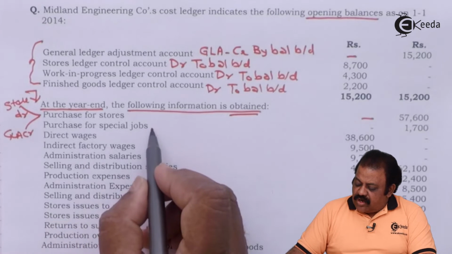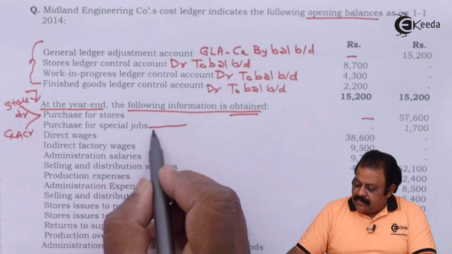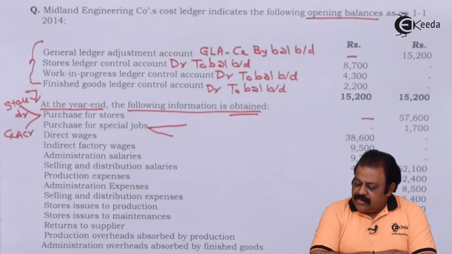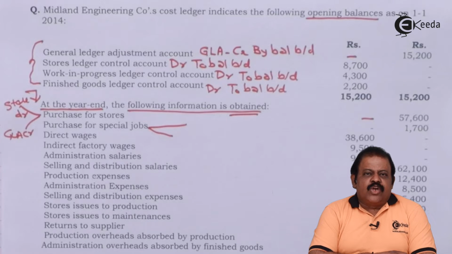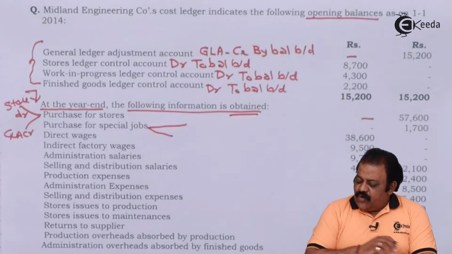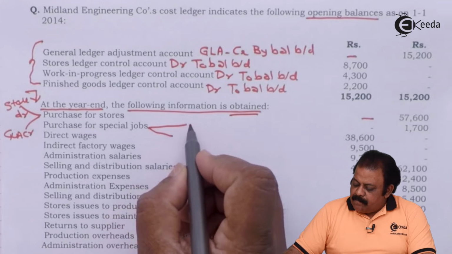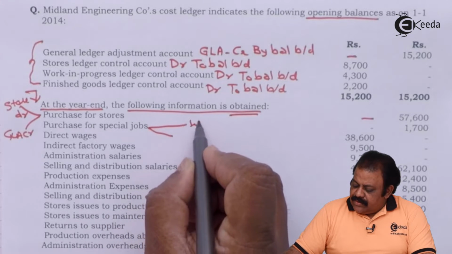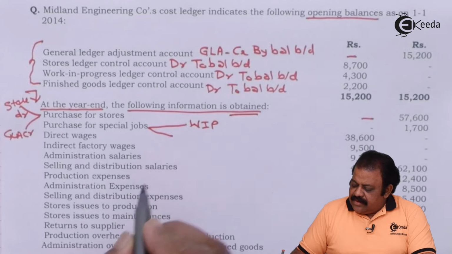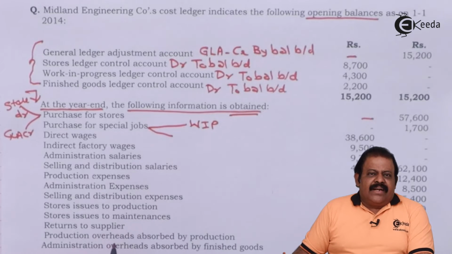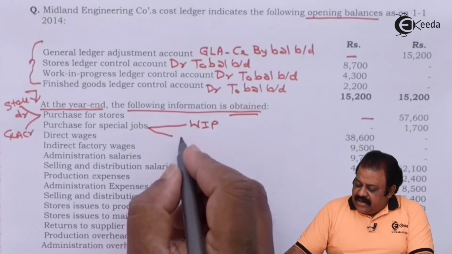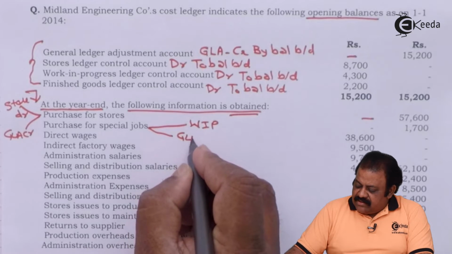Next, purchase for special jobs. Now purchase for special jobs means this will not be kept in stores. It will be directly transferred to the respective jobs. Therefore, this amount will be recorded to the debit of work in progress, and we are going to credit GLA.